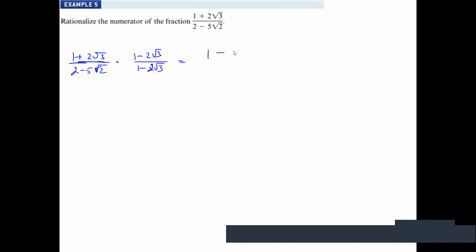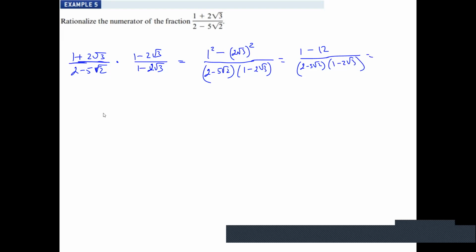So 1 squared minus 2 square root of 3 squared. And here I have 2 minus 5 square root of 2 times 1 minus 2 square root of 3. So 1 minus 4 times 3, 12. Minus 11.